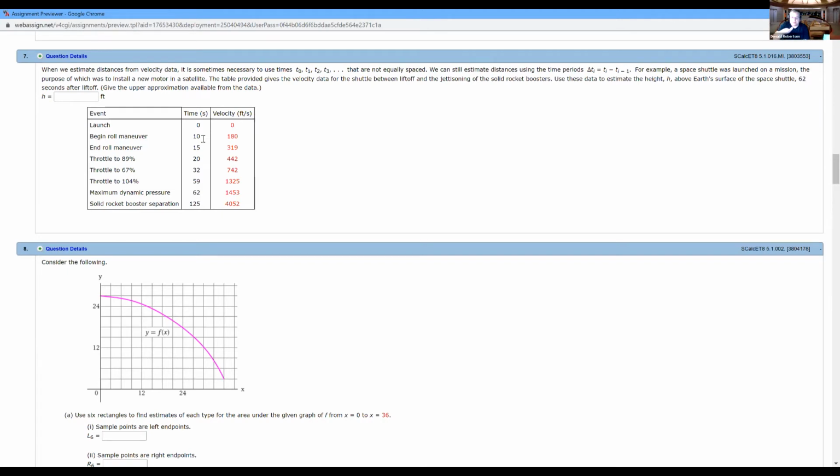And wouldn't the height be 180? Or 0? I'm picking the right-hand side, 180. And then 10 to 15, wouldn't the gap here be 5 and do 319? And 15 to 20, the gap would be 5 and 442. And if you go through that, you would be able to get an answer. And since they want the upper approximation, the one I just told you is correct.